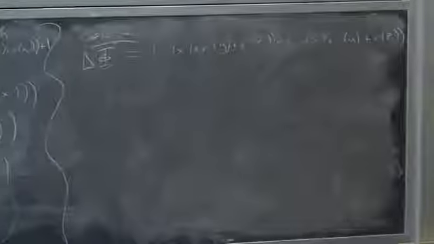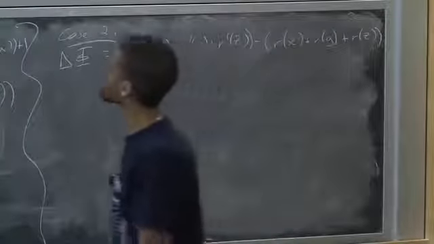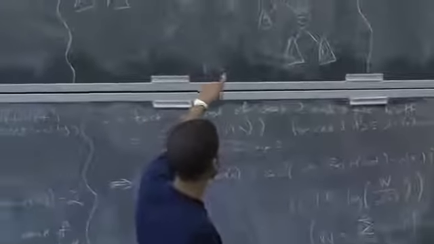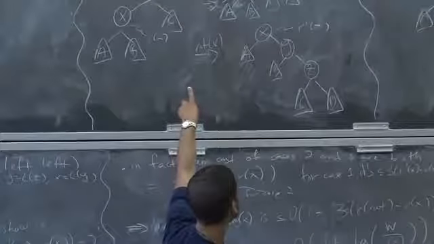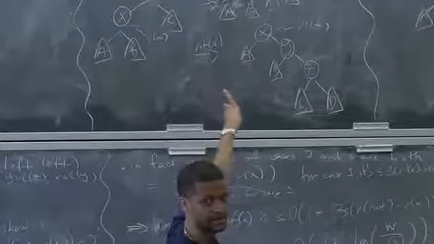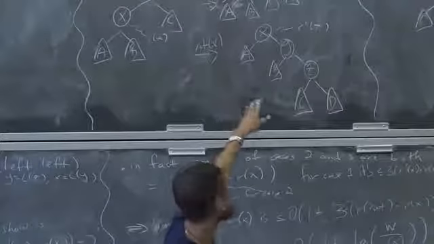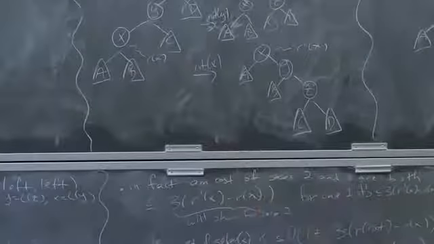Now, r prime of x equals r of z, because the set of items in x's subtree here is the same as the set of items in z's subtree there.